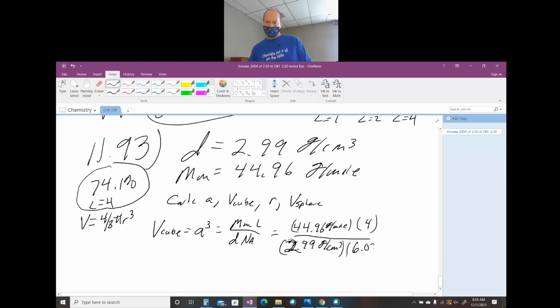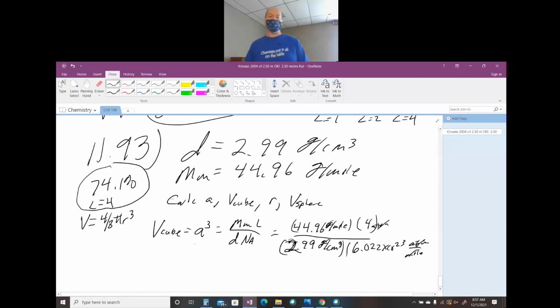It's a constant, 6.022 times 10 to the 23rd atoms per mole. And so this is 4 atoms in the cube. So the atoms will cancel, the moles will cancel, the grams will cancel, and you're left with centimeters cubed. And so you're going to get centimeters cubed for your volume.